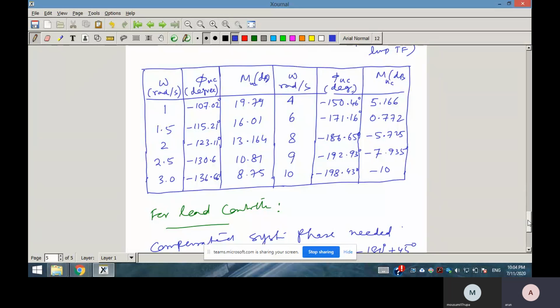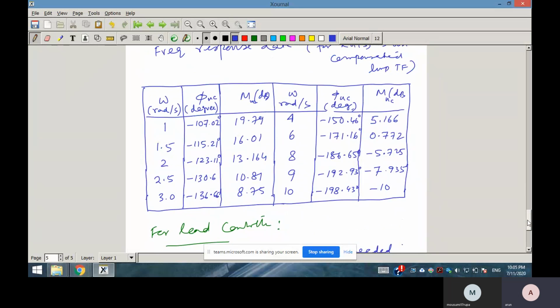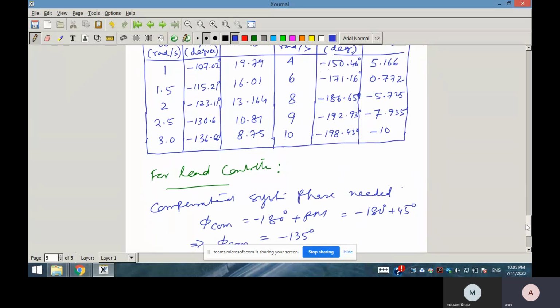If you see, for lead controller design, phi com should be greater than phi UC, and M UC should be negative. In which range is phi com greater than phi UC? Here phi UC is more negative than phi com.